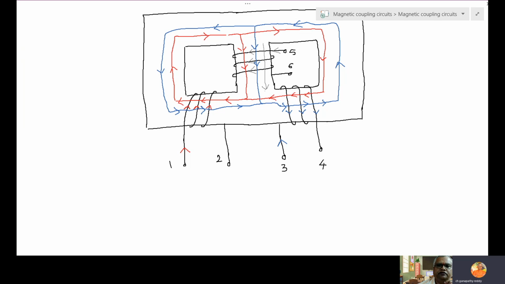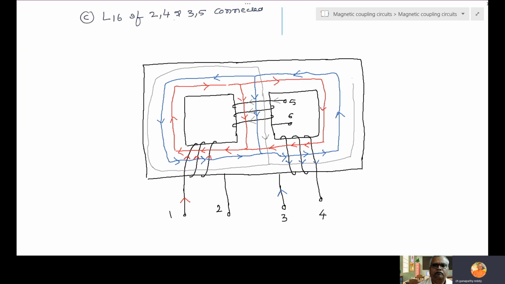Some will flow left, some will flow right. These directions are very, very important.